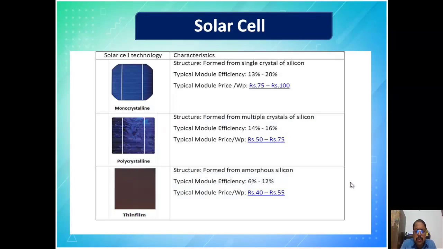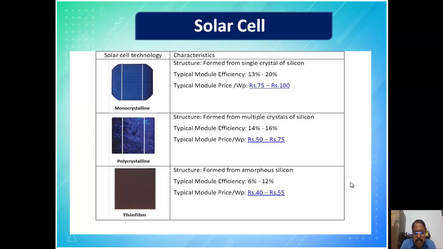Now let us move on to the solar cell. Mainly there are three types of solar cell available all over the world. The first one is monocrystalline, made of a single type of material. Then comes polycrystalline, which is basically made from the wastage of manufacturing monocrystalline panels; that wastage is melted and formed into polycrystalline, so here 3 or 4 types of material are used.